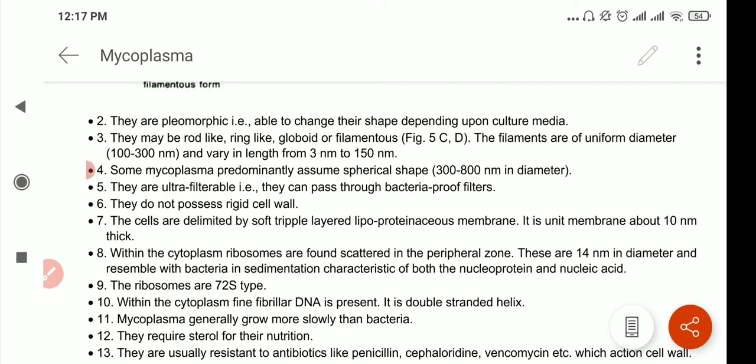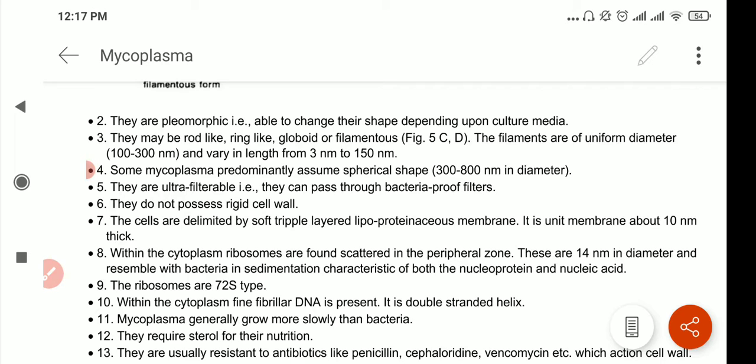They are very small, so they can pass through almost all the filters. They are ultra filterable because they are so small. Like when you wear a mask because of COVID, a 3-ply mask has three layers of fibers that keep getting smaller and smaller.